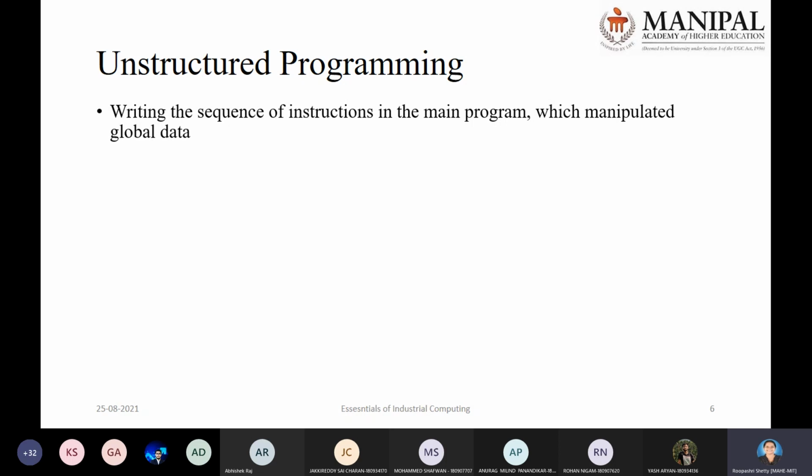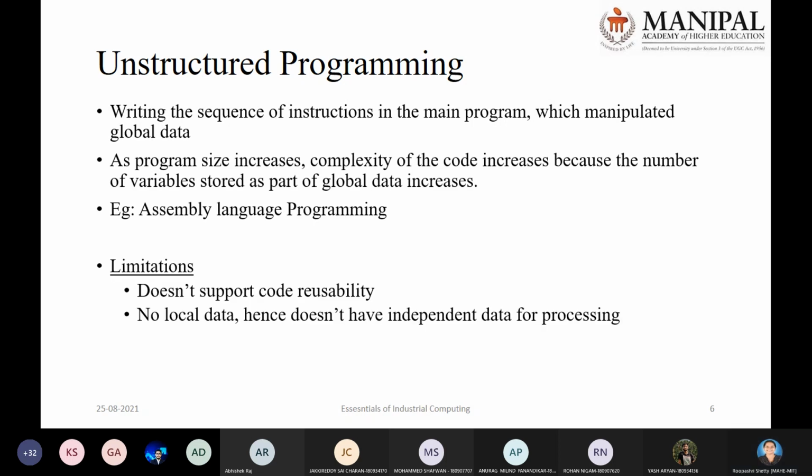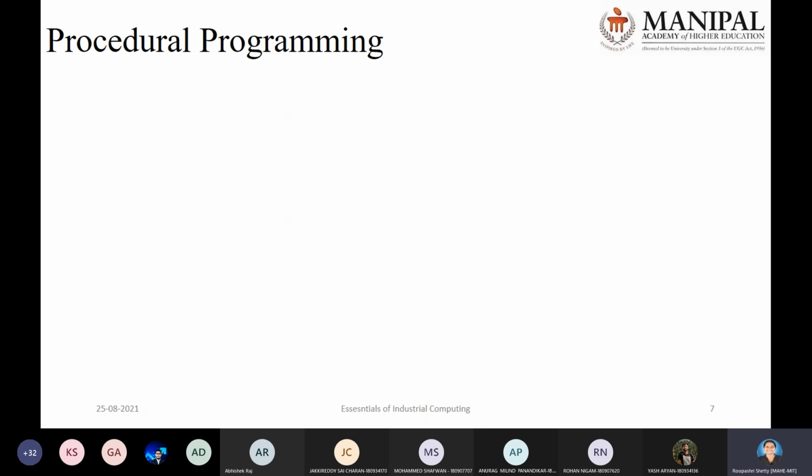Right? So with all these drawbacks of unstructured programming, the concept of procedural programming comes into the picture. Okay, so the drawbacks of unstructured programming led to a newer programming technique called procedural programming.